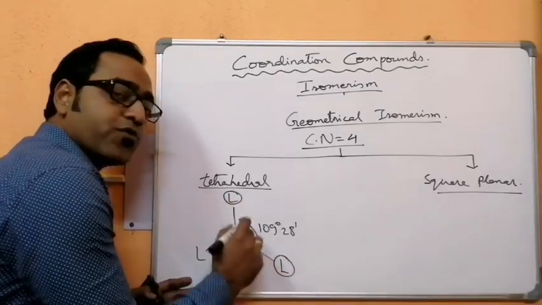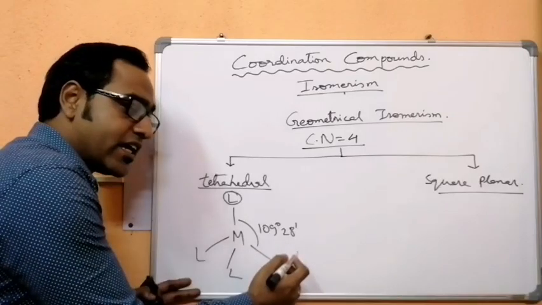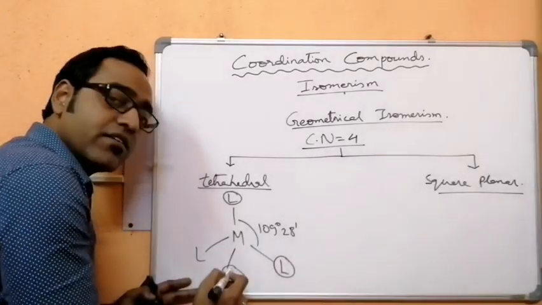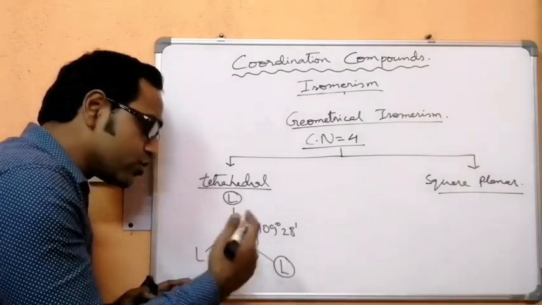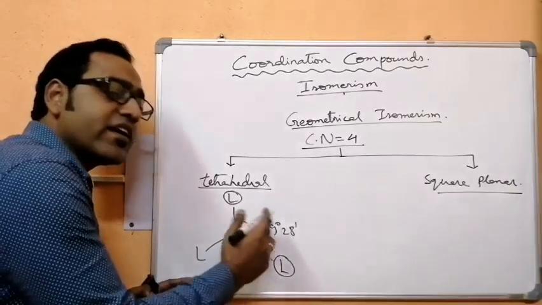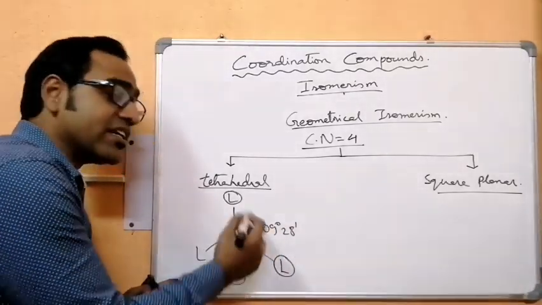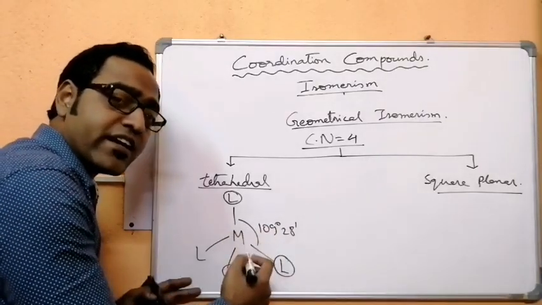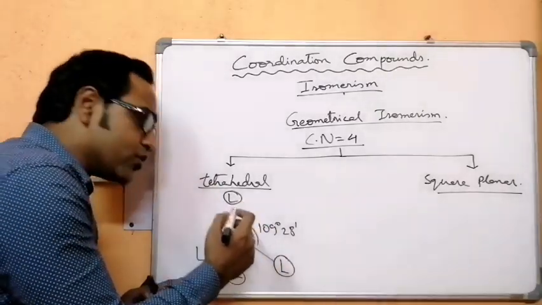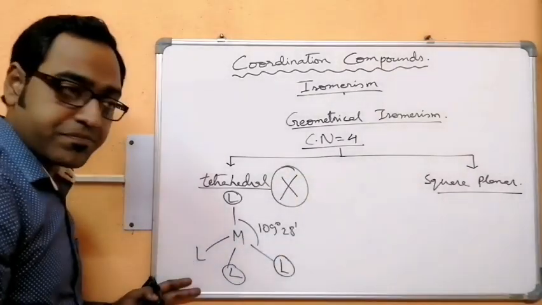Here all the ligands are 109 degree 28 minutes apart from each other. That means the relative arrangement of the ligands is the same. Hence tetrahedral geometry will not have any geometrical isomerism.